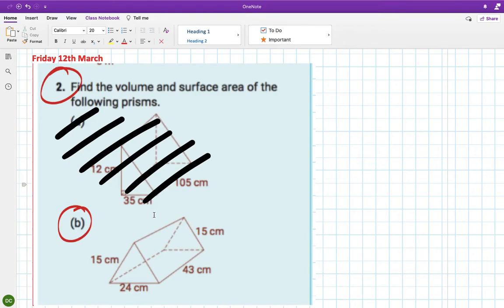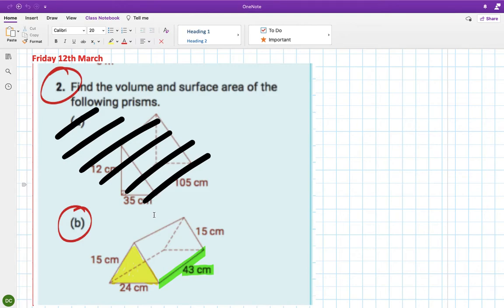Okay, so we did prisms on Friday. Find the volume and surface area of the following prisms, and I just asked you to do part B. So to find the volume, we need to get the area of the face, the consistent face that's going to pass through the entire shape, and we multiply that by the depth, which is that bit there.